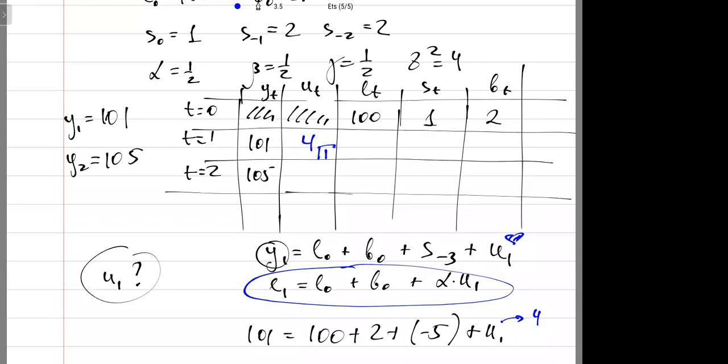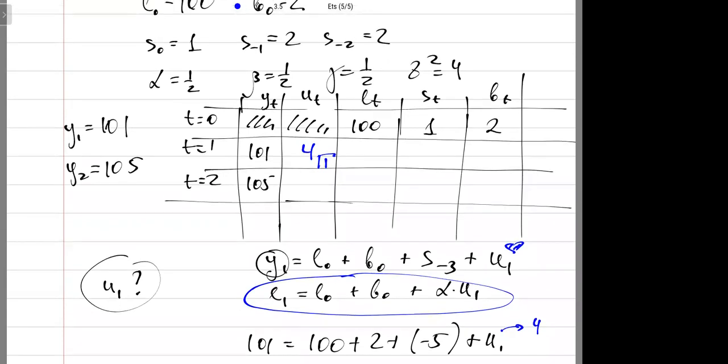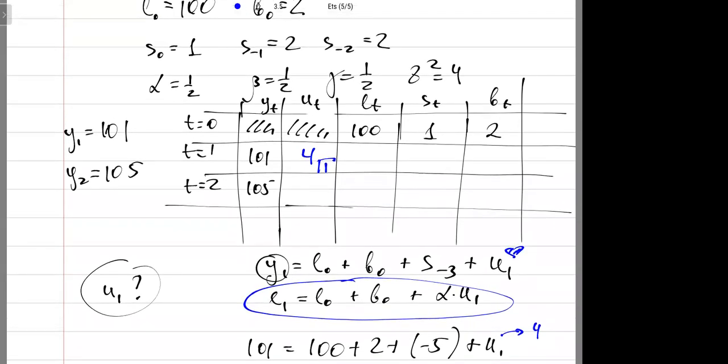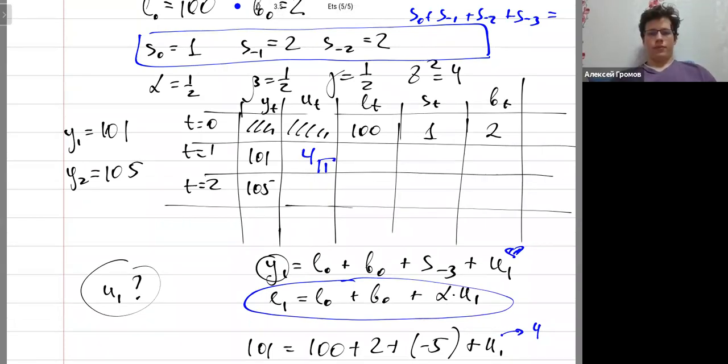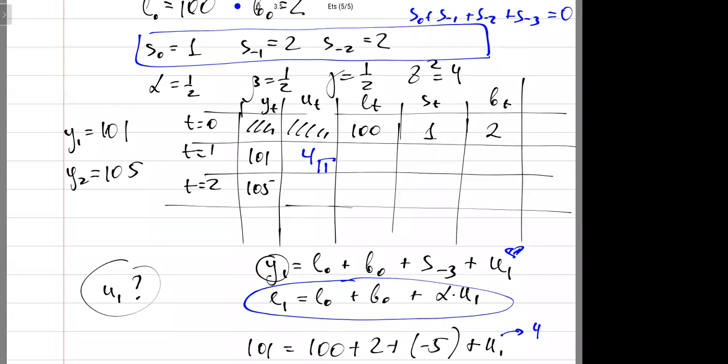Now let's move on to L1. How did you calculate S with sub-index minus 3? We know that we have the equation S0 plus S minus 1 plus S minus 2 plus S minus 3 is 0.